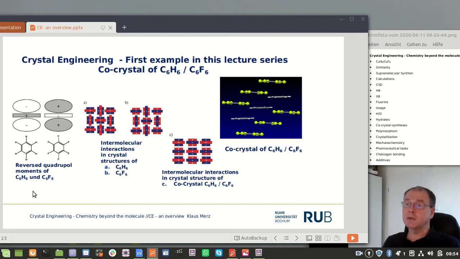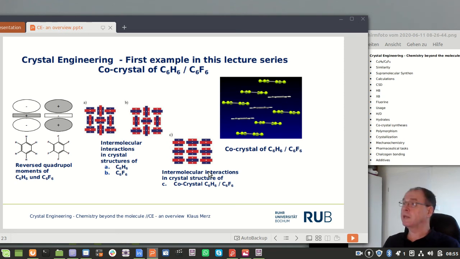Very nicely shown here: benzene and hexafluorobenzene both have similar crystal packing, but if you look at the electrostatic potential map, you see we have a reverse quadrupole moment, and you can use exactly this property to design a co-crystal, and you see the switch of the intermolecular interaction. Now here we have the stacking columns.